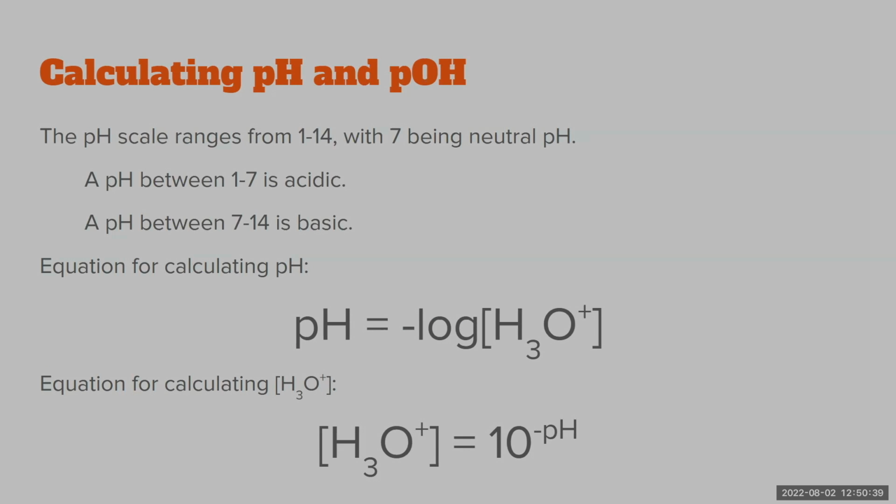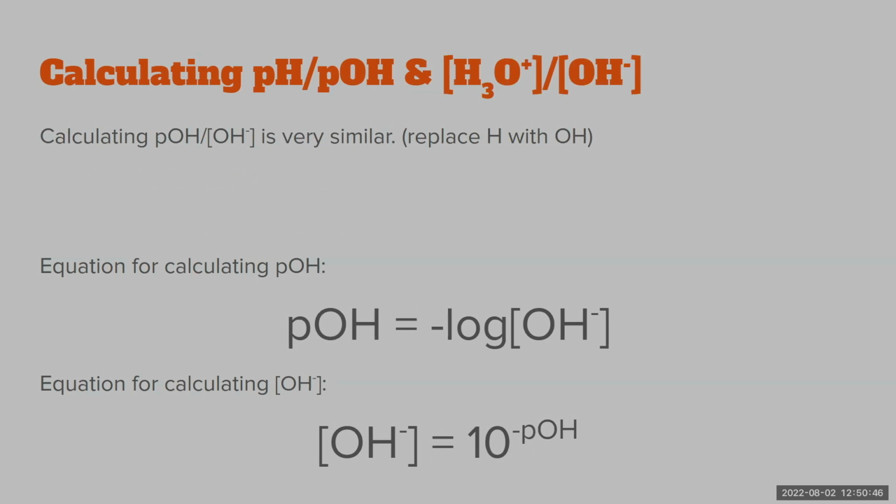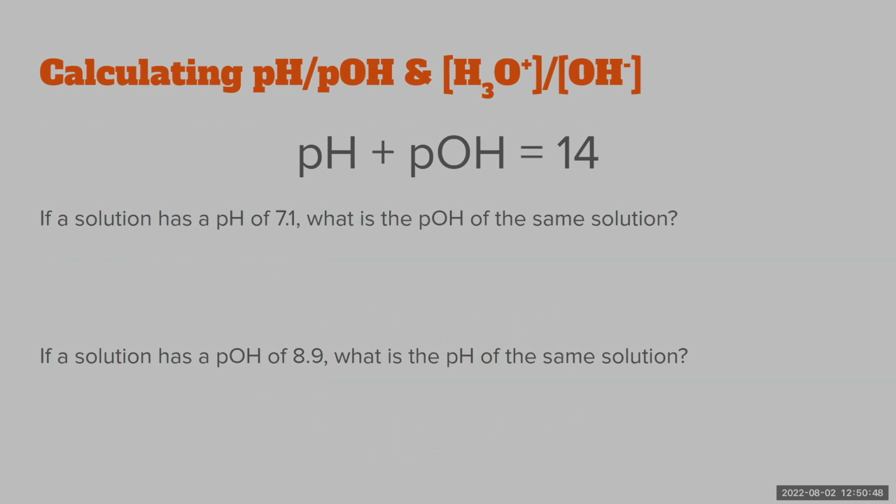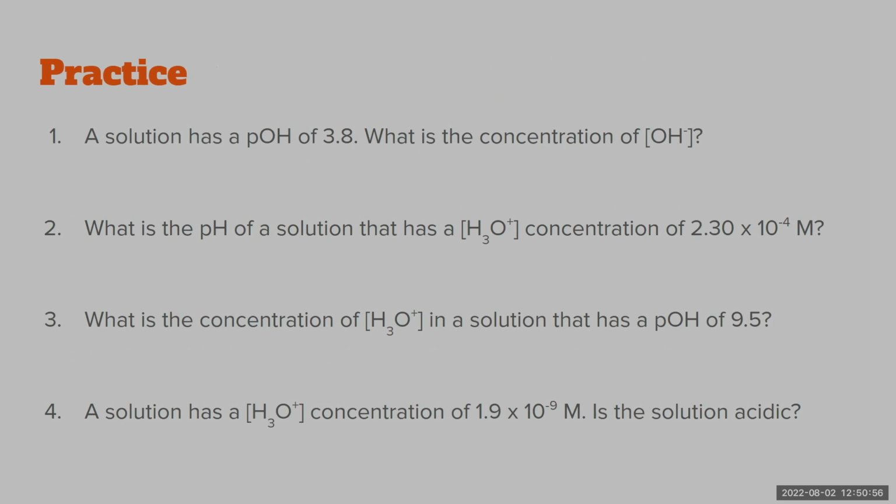So the pH is equal to a negative log of H3O plus, and H3O plus is equal to 10 to the negative pH, along with the OH versions of it. And then we're also going to be combining some concepts using the pH plus pOH equals 14 formula. And yeah, so try and solve all these problems. I'm going to give you guys about 2 minutes, and then I'm going to go over them.